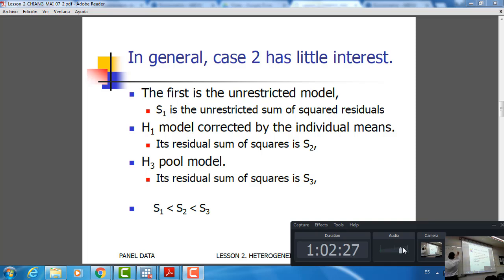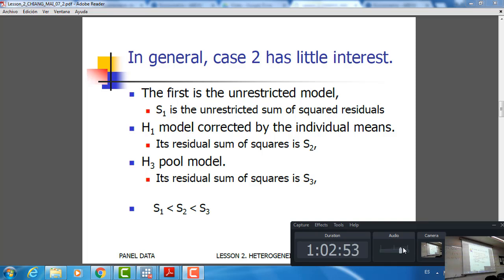The null hypothesis that converts the upper model into the second one is alpha 3 equals 0. Alpha 3 equals 0 makes the first model the second.